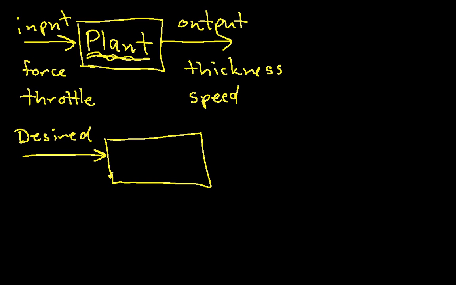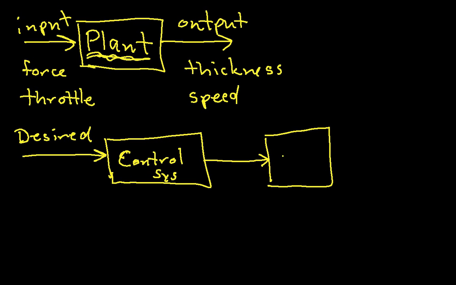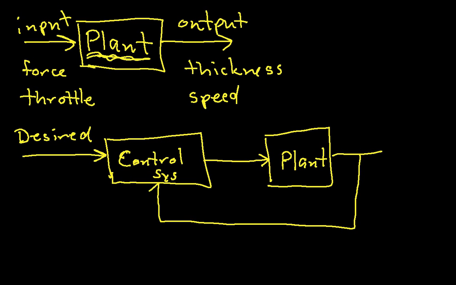It goes into our control system. The output of the control system goes into the plant, and the output of the plant gets fed back into the control system.